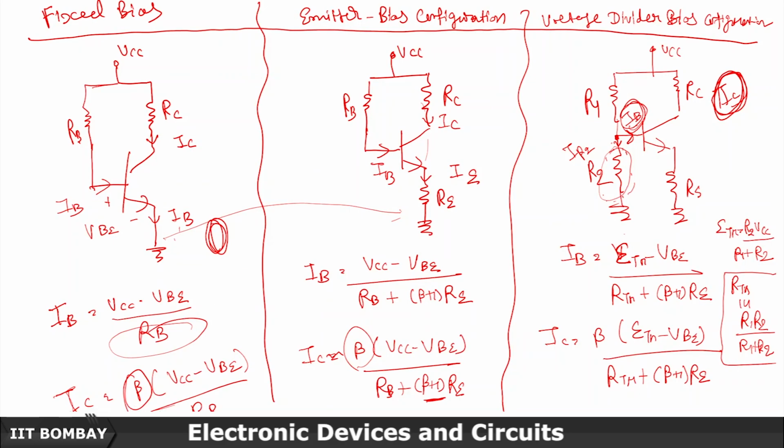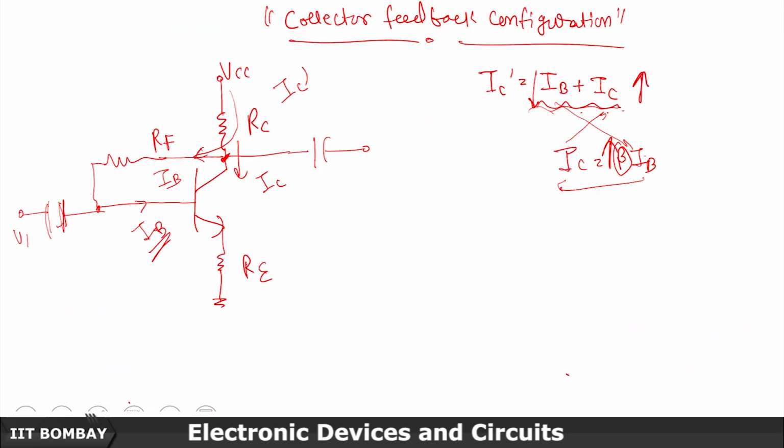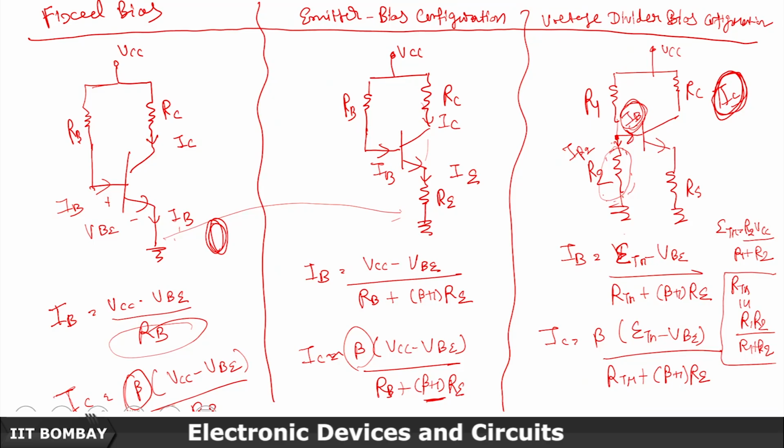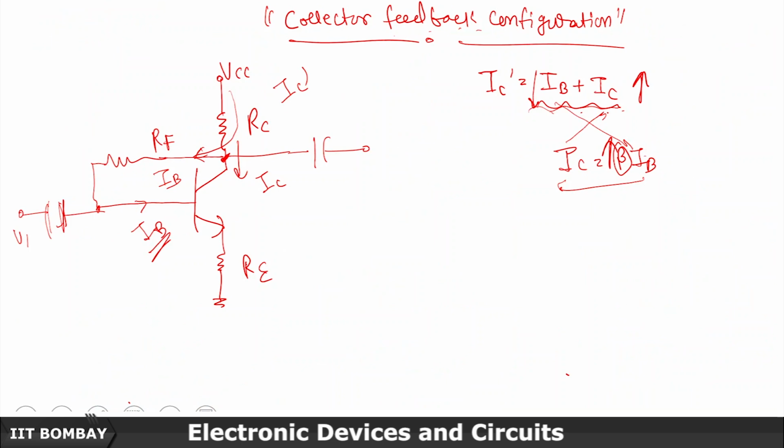So same thing was here. That's why we call it collector feedback configuration. That's why this arrangement is better than the fixed bias and the emitter bias arrangements, where no such feedback mechanism is involved. So let's calculate the IB here and see what its value is, like the equations.